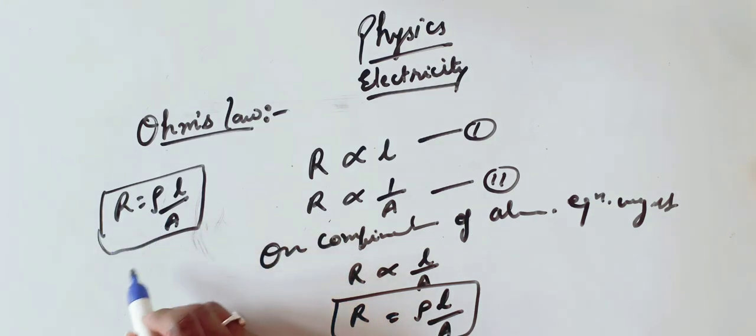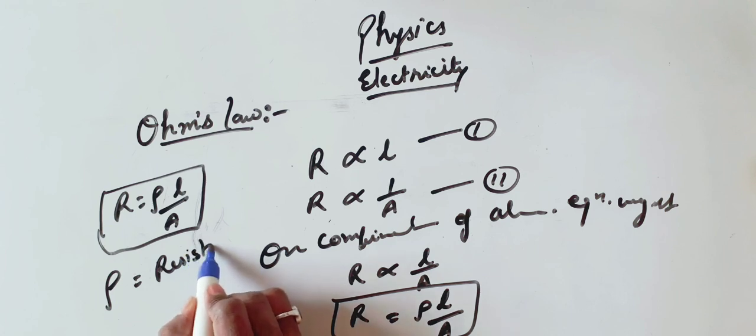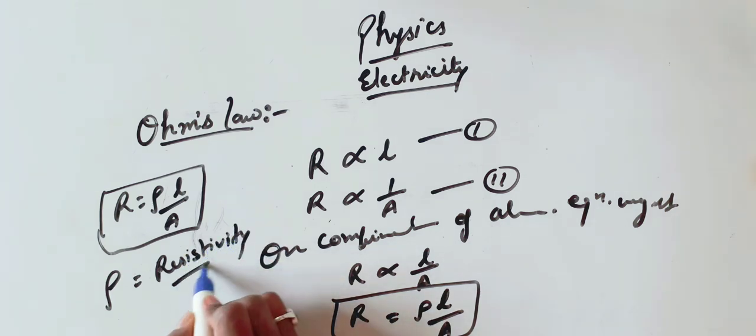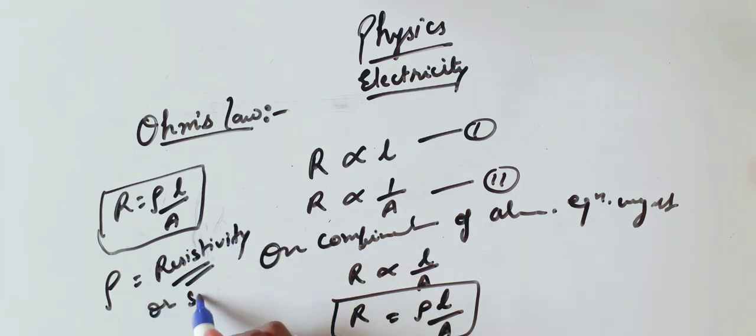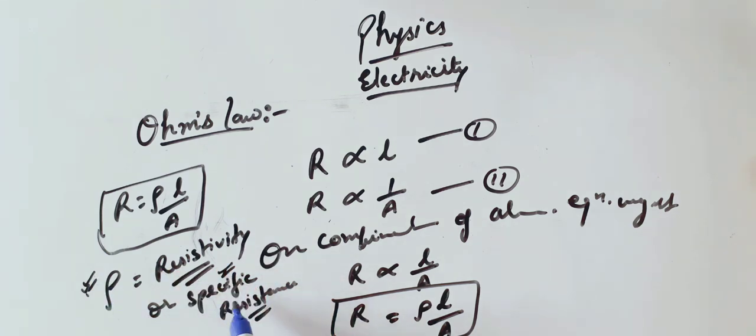Rho is a constant term called resistivity, or specific resistance. Why is it called specific resistance? Because it can also be called a resistance, but in a special case.